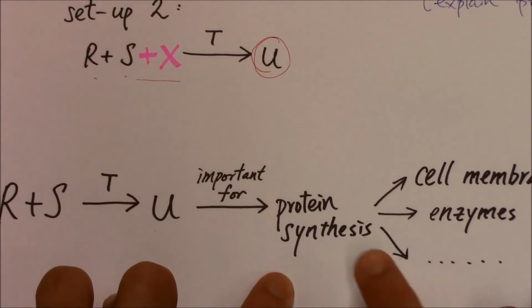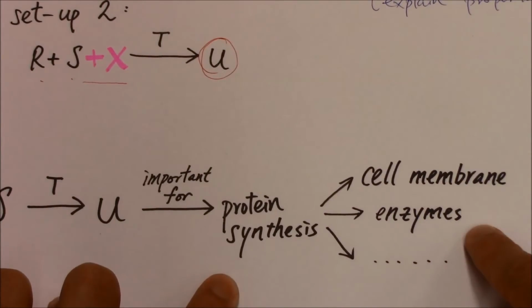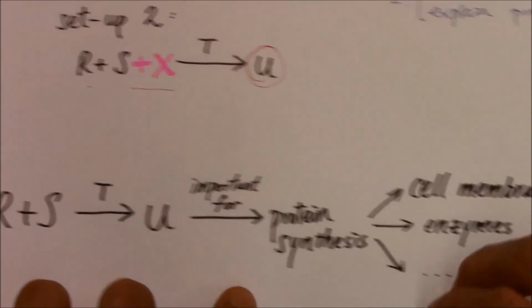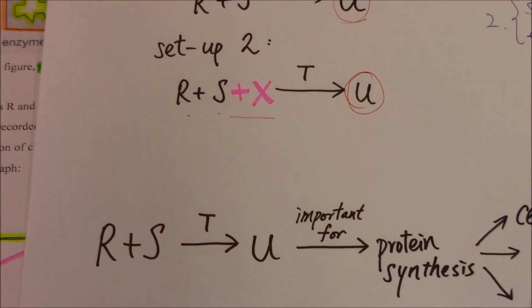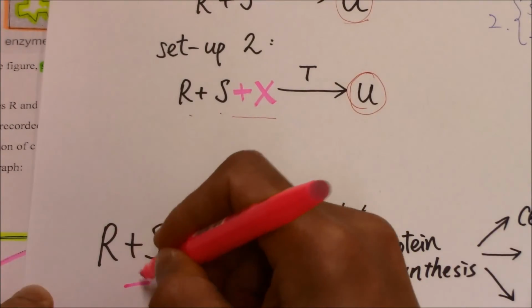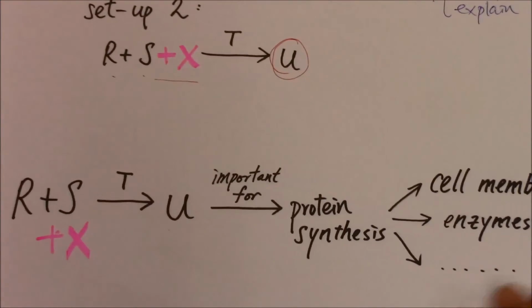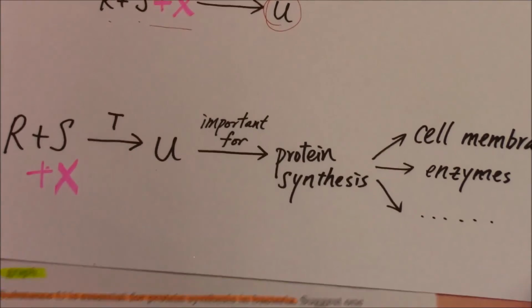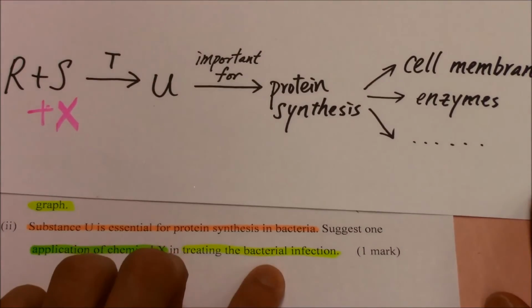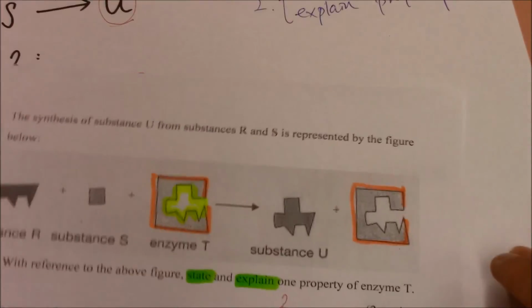For example, the protein can be used to form cell membrane, can be used to produce enzyme, and so on. So if we add the chemical X here, how can it affect the bacteria? And how can it help us to treat the bacterial infection? So that's the basic idea of question 7.